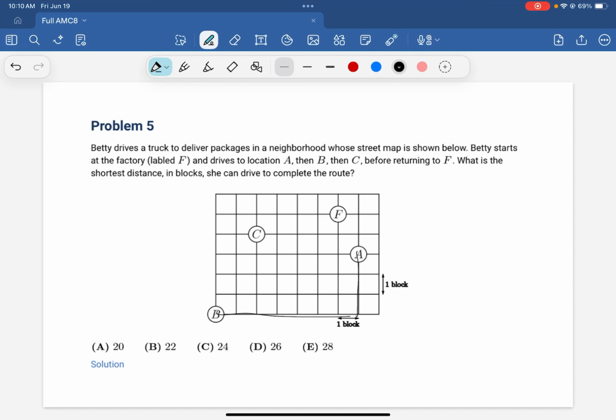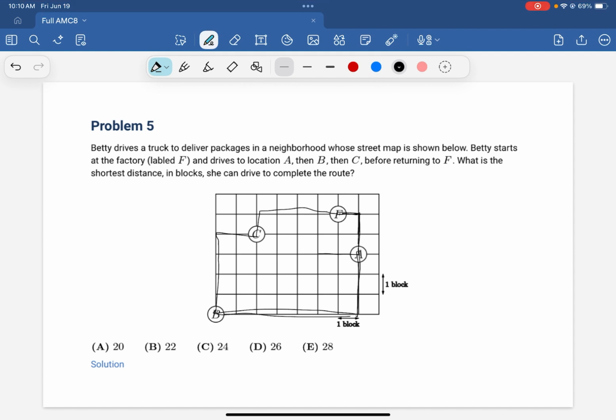So from F to A, you just have a rectangle. You start from here and then go here. I'm shading this so you can see it better. So this is the path from F to A, and then A to B is like this. B to C is like this, and C back to F is once again this.